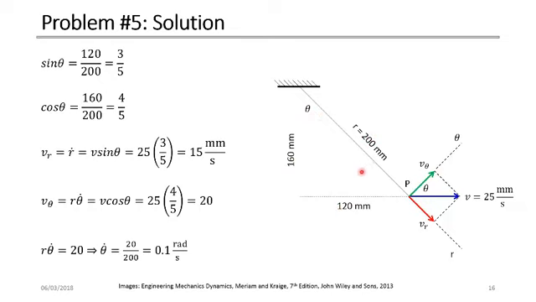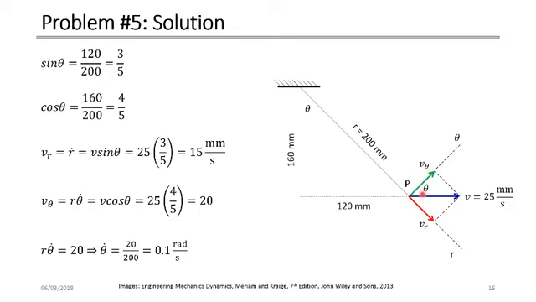Why? Because the velocity is horizontal. The total velocity was given as horizontal. If we consider that this is our radial direction, this is r, and the perpendicular direction to that is theta. So along the r direction we have a component called Vr, and along theta we have another component called V theta.